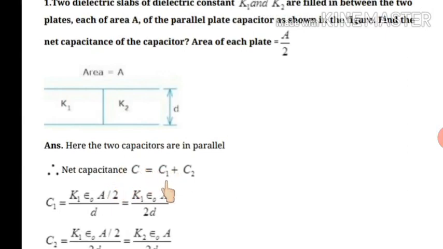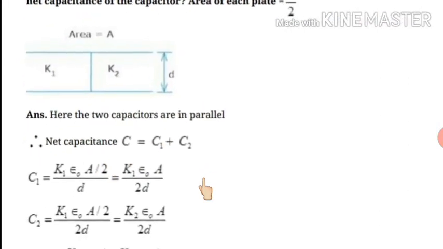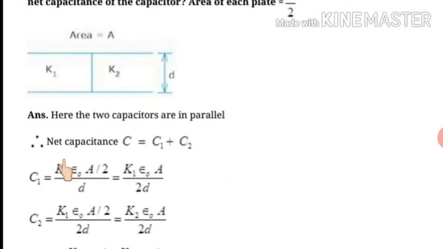First we will talk about C1, then we will talk about C2. We know that when a dielectric slab of dielectric constant K1 is placed between the two plates, the simple expression is C equals epsilon naught A upon D. But when a dielectric slab is placed and we have a parallel combination like this, then A becomes A by 2.